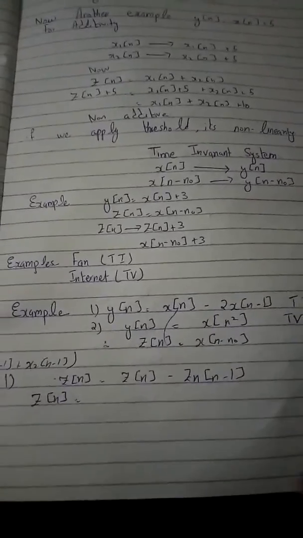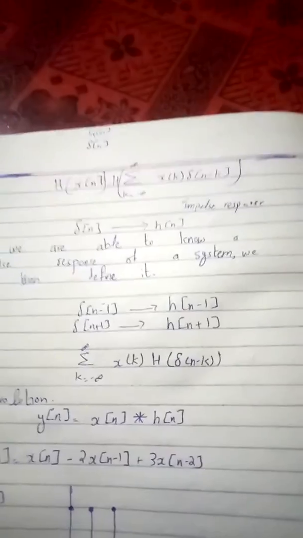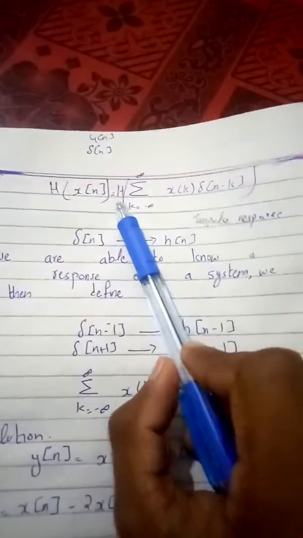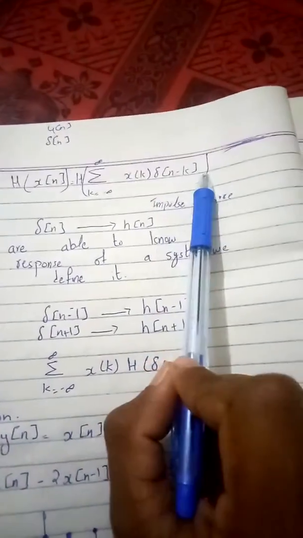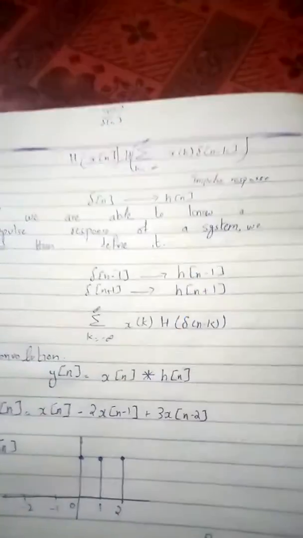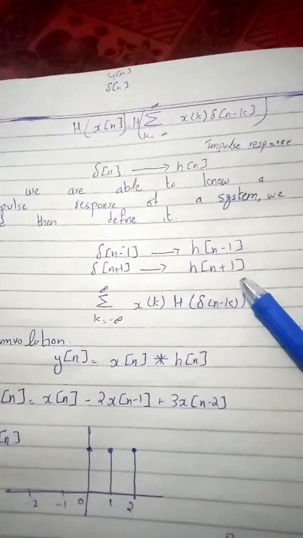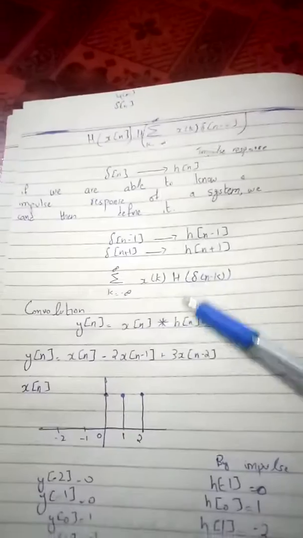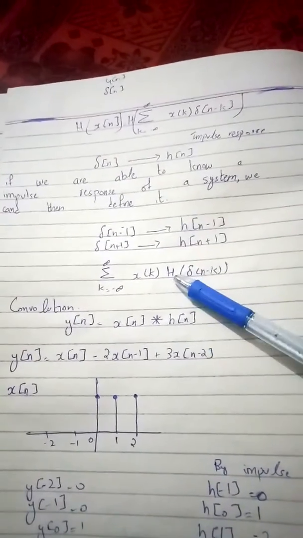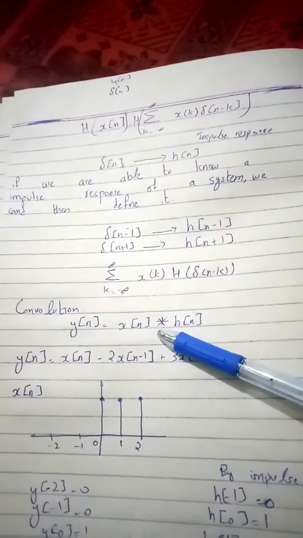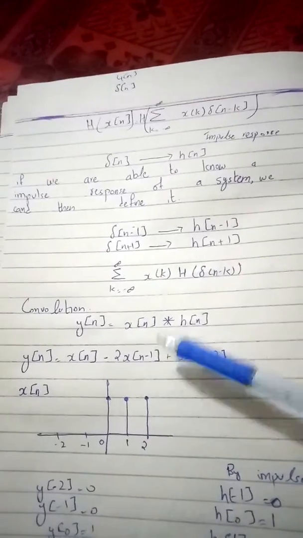Now we are moving towards another topic, which is known as convolution. This is the formula of convolution. We have a signal and another shifted signal multiplied to get the output. For example, these are the shifted versions. Now we will apply a convolution example. This is the formula of convolution, and we have applied it to the previous example.